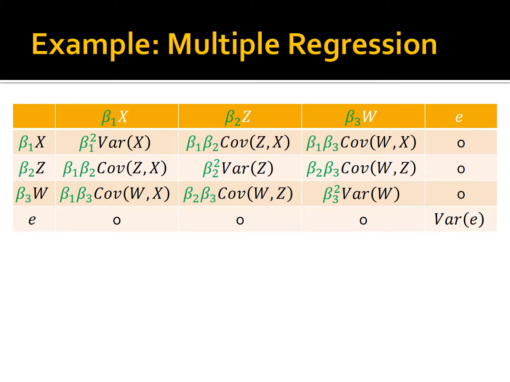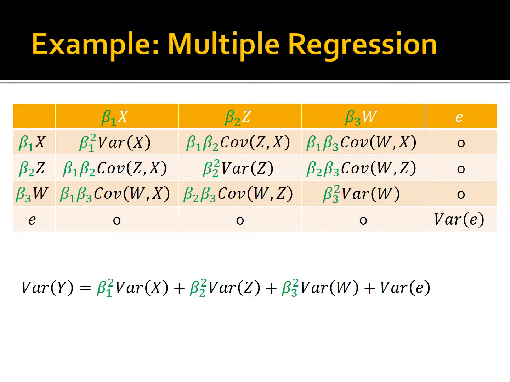These three terms equal these three terms because the covariance matrix is symmetric, and the error term is independent of all predictors, so these elements are 0.